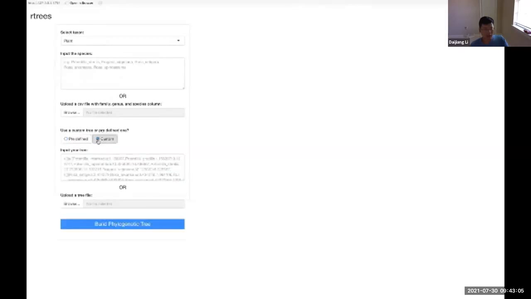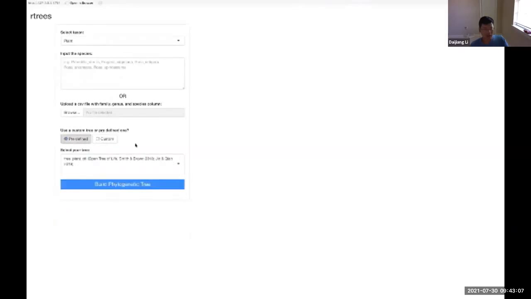Then we would have them insert the names of the species for which they would like a phylogeny, which would then be separated by commas, or they can always simply upload a CSV file of the species with the respective family and genus columns populated. Lastly, we would ask them to either go with the predefined tree, which is already offered with every single taxon, or if they would like to use a custom one, they can always go ahead and do that as well.